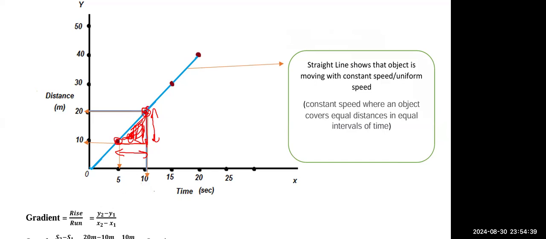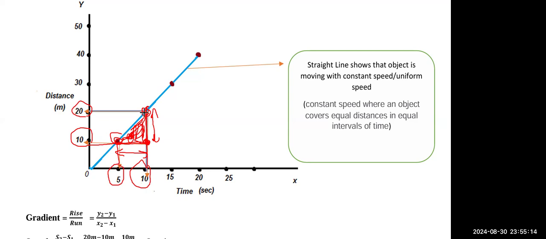This point is showing the value of y2, and from this point you move over and you will check 10. This is y1. Then you move in the downward direction here, and you will find the value of x2, and from that point you move downward and you will find the value of x1.